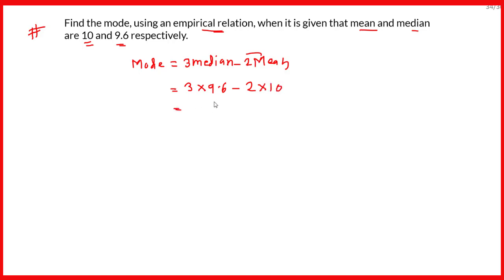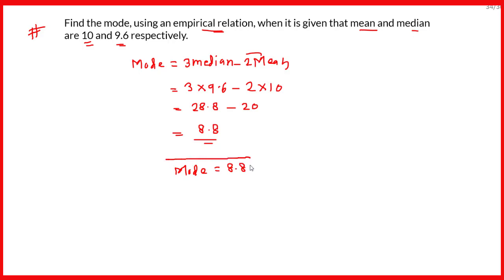So which is equal to 3 into 9.6, and that is 28.8, minus 2 into 10, that will be 20, and therefore 28.8 minus 20, so it will be 8.8. So the required mode is equal to 8.8.